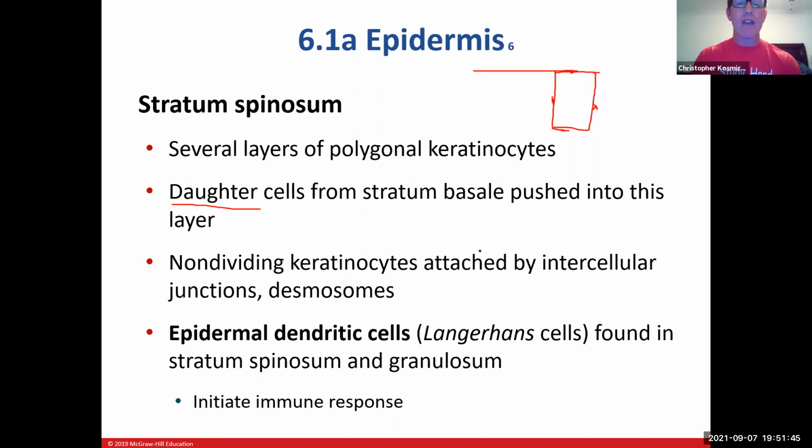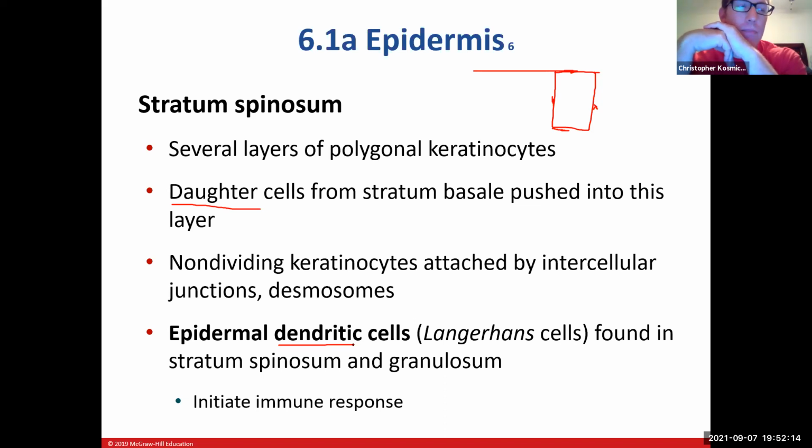Also in this layer, we have a really cool cell called a dendritic cell, also known as a Langerhans cell. And these are immune cells. They can initiate the immune response. If they come across maybe a neoplasia or a dysplasia, some abnormal cell growth, or something that doesn't look quite right, these cells can initiate the immune response, and we can destroy those cells with that tissue, hopefully.